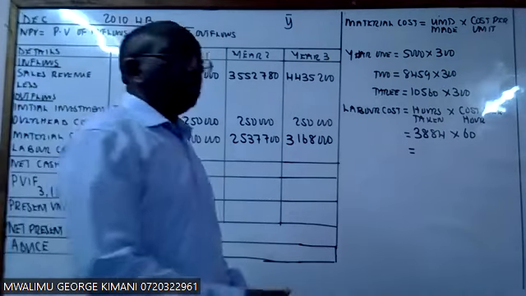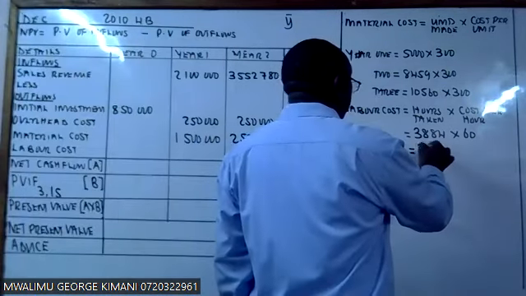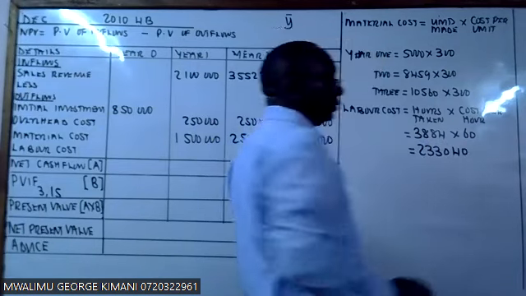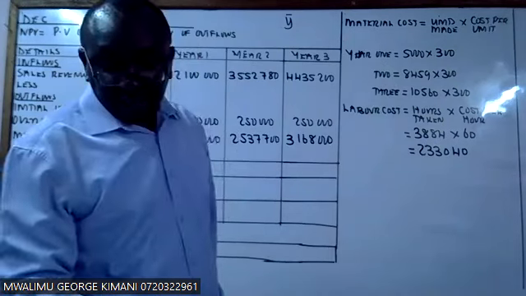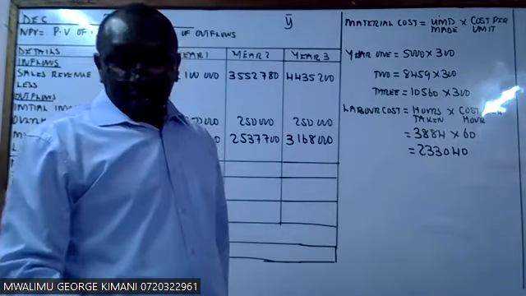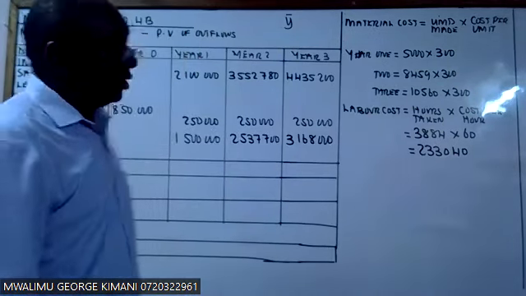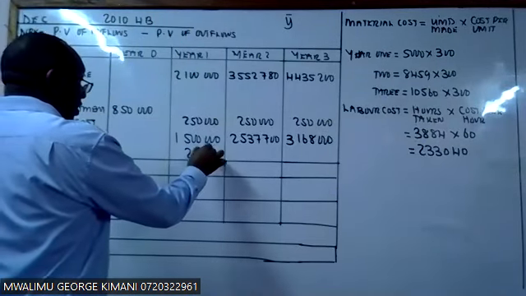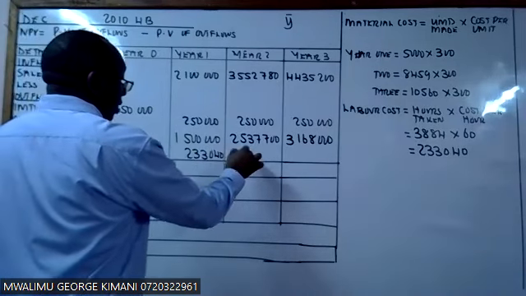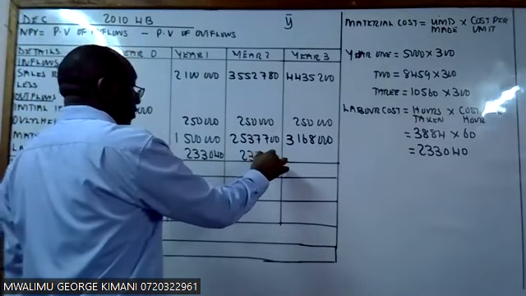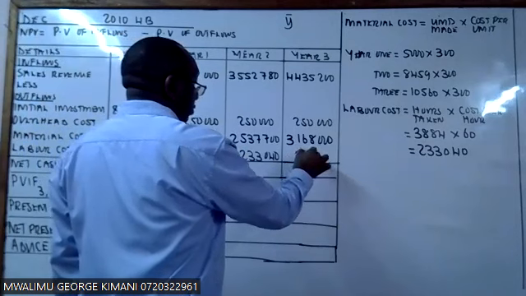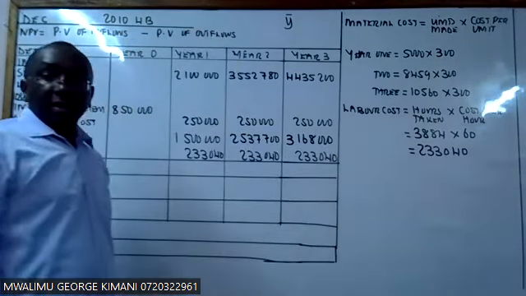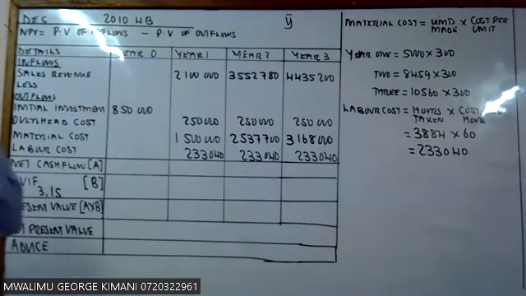So that gives 3,040 for each year. That is the total cost.